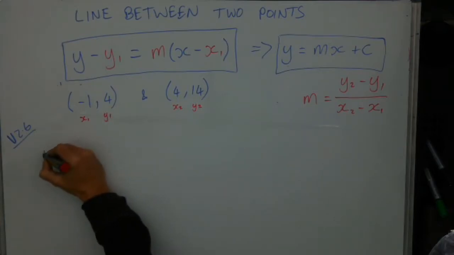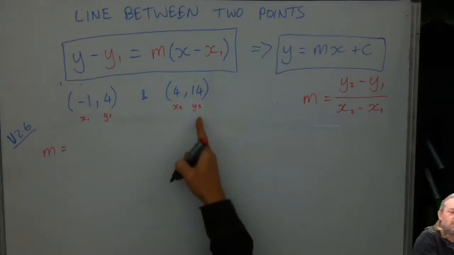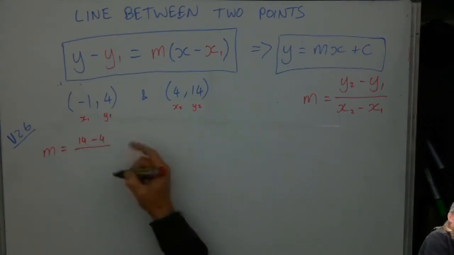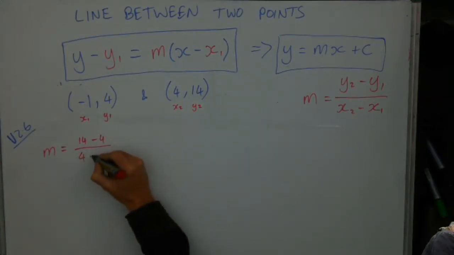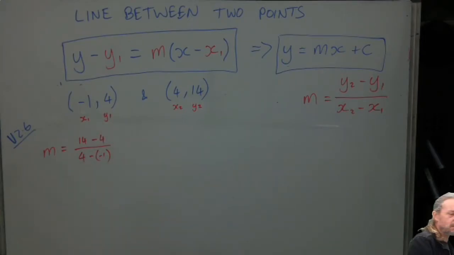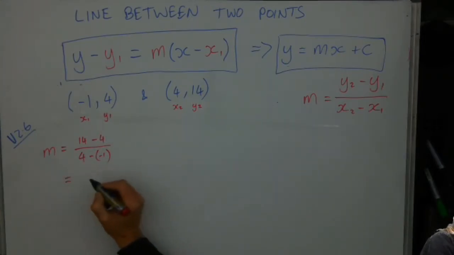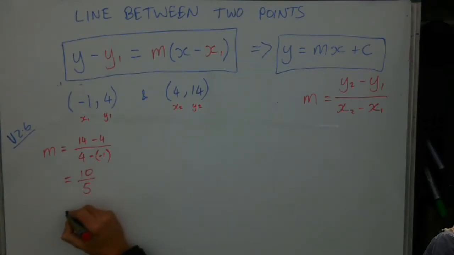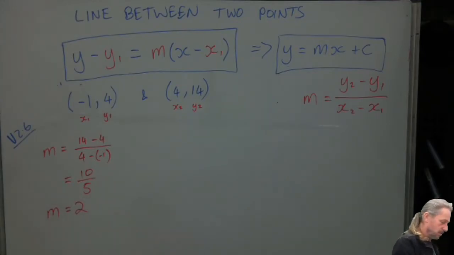First of all, we're finding the gradient equals 14 take away 4 over 4 take away -1. So this is 10 over 5. So our gradient is 2.